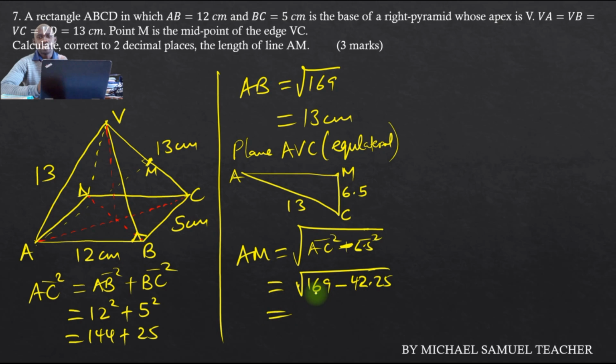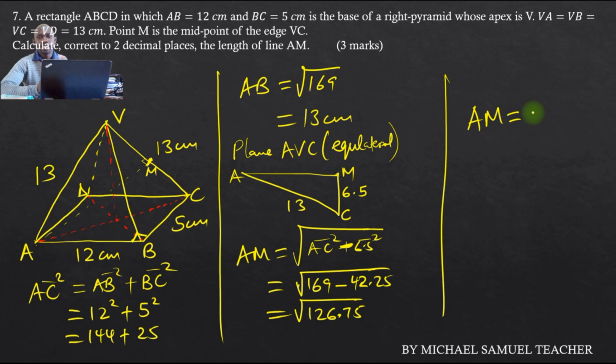If we subtract 169 minus 42.25, we end up getting square root of 126.75. So, using calculator to get AM, which will be 11.26 centimeter. So the question requires us to give to 2 decimal places, and that's how it is done.